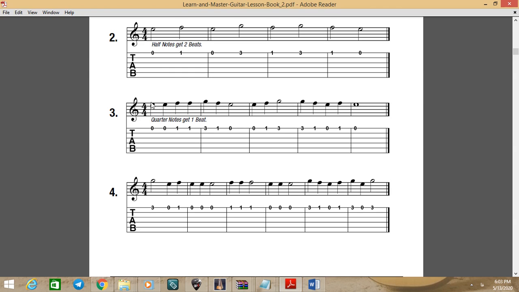So we call the first beat of each measure Dee, and the other beats of the measure, we call them Da. Then we try to read this music.